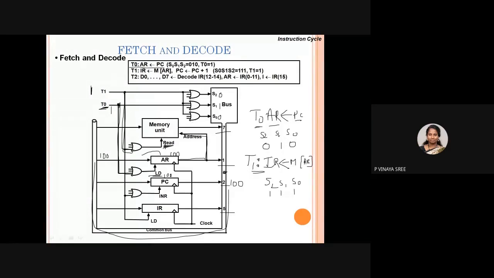We know the output of an OR gate is high if any one of the inputs is high. So you will be getting one here, one here, and here also, because T1 is connected to all three OR gates. So you will be getting 111. When it is 111, this will be active, and whatever instruction is present at that particular address, the read is also active, because this is connected to T1.